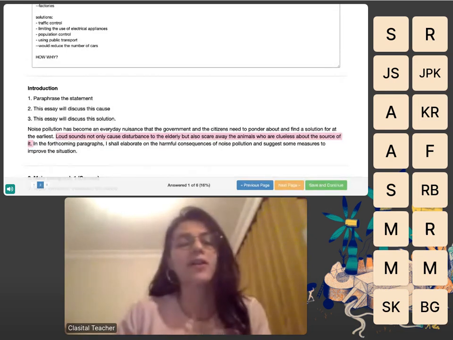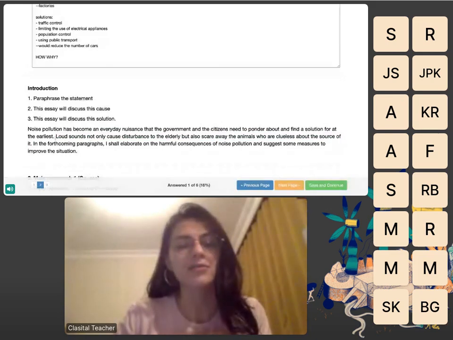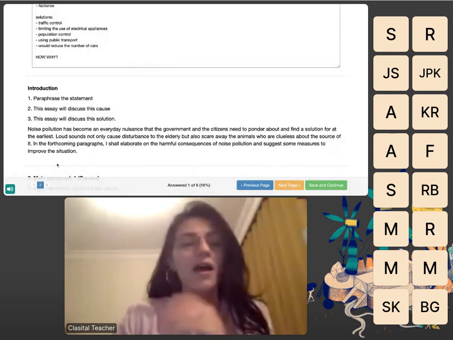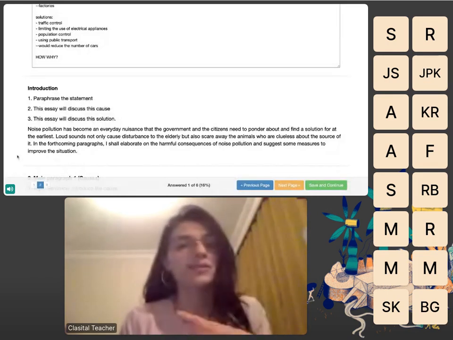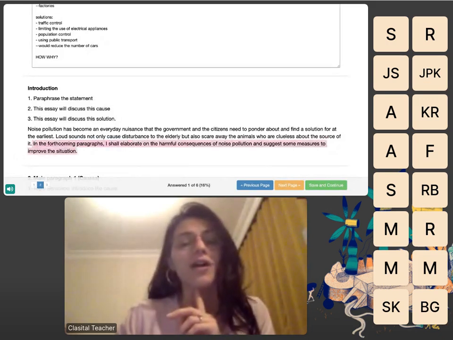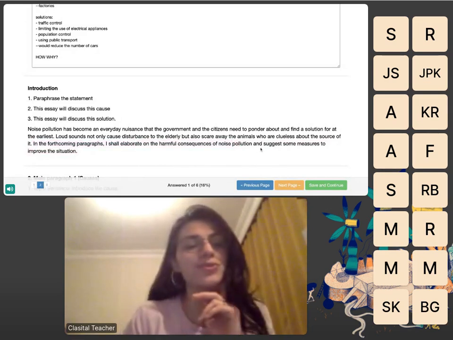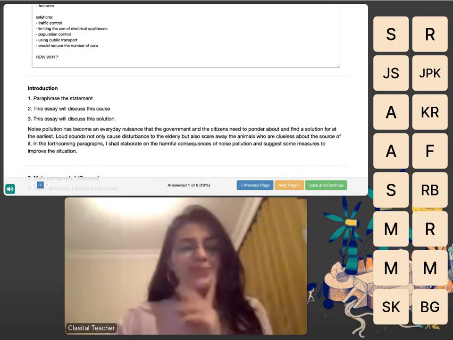So, we said there are two causes of this: loud sounds causing disturbance to the elderly and scaring animals, and also they don't know the source of this. And we say in the forthcoming paragraphs, I shall elaborate on the harmful consequences of noise pollution and suggest some measures to improve the situation.